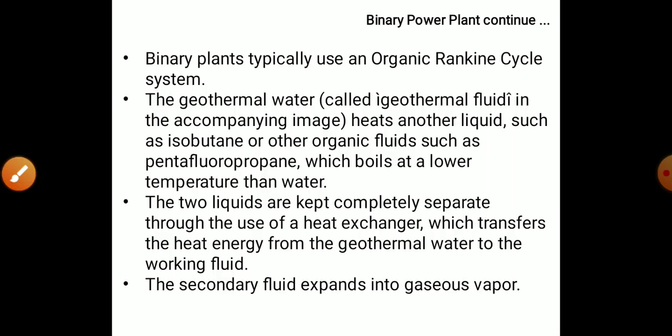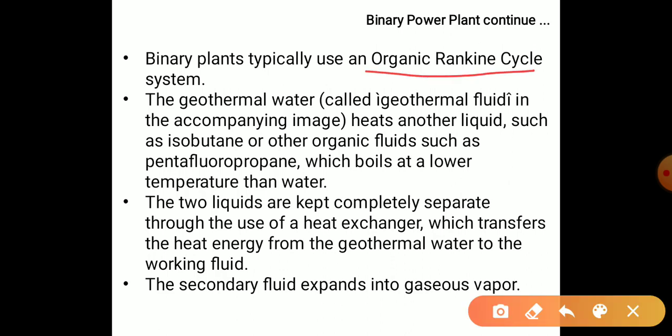If we go through the steps, the binary plant typically uses an organic Rankine cycle system. Concentrate on this point again. The geothermal water, as I already told, heats another liquid such as isobutane or another organic fluid such as pentafluoropropane, which boils at a lower temperature than water to generate the steam.